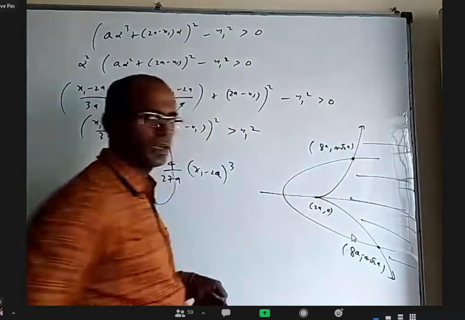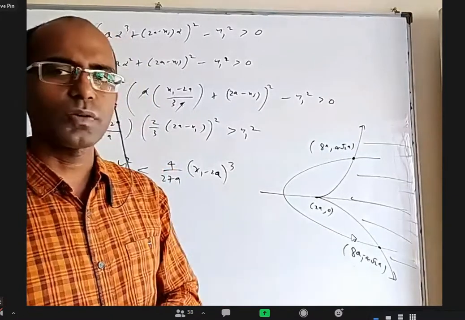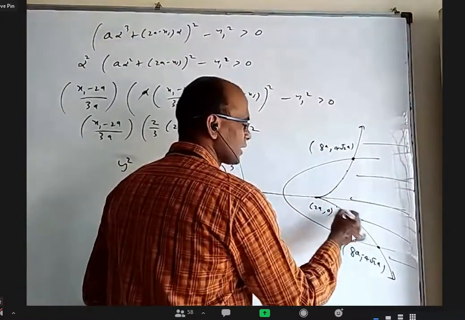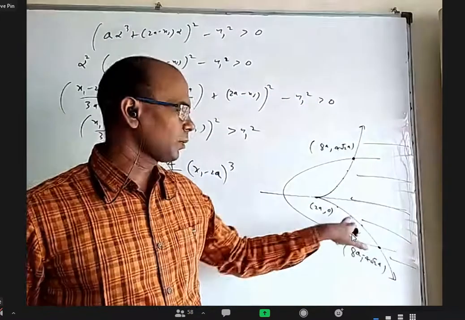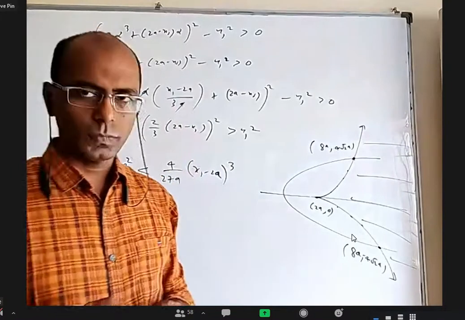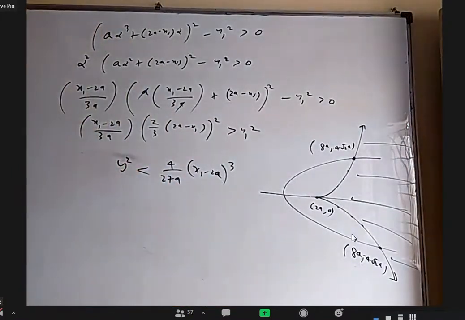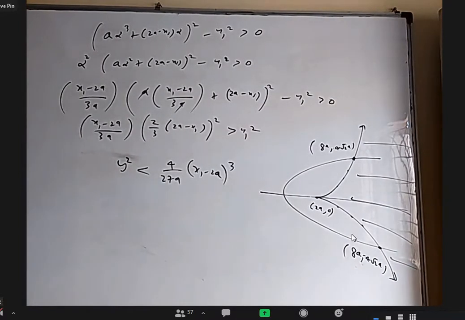Okay, this is the point I asked about: we take any normal, if it intersects the parabola again at another point, what is it? So what is happening is, you take any point on this curve, then the number of normals of the parabola passing through that point will be exactly 2. But one may say, how can a cubic equation have only 2 roots? Actually, 2 roots will come equal. That's why it is 3 roots, but two of them are equal, so it is effectively 2 distinct roots.